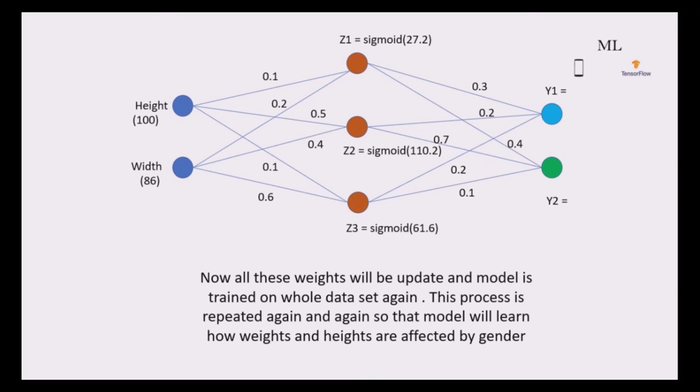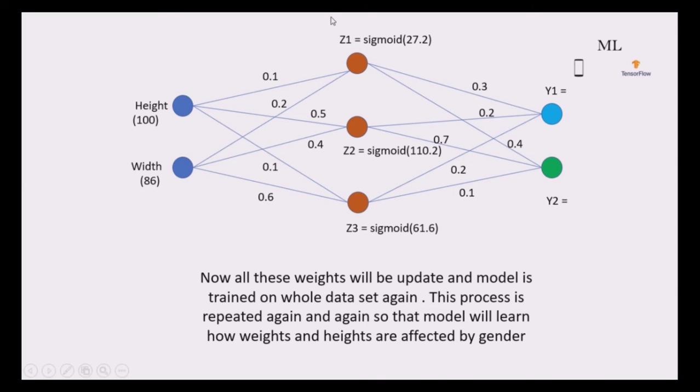Now we update these weights and then again perform the whole process of feed forwarding, then check the predicted result and the actual result and again update these weights, and this one complete pass is known as an epoch.